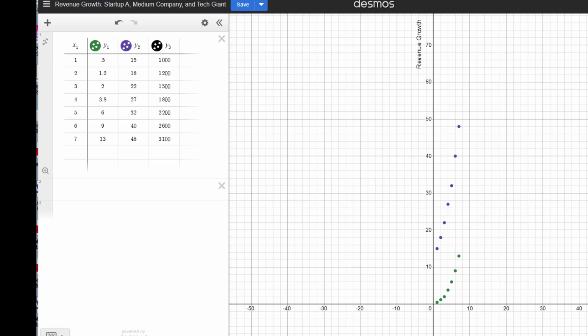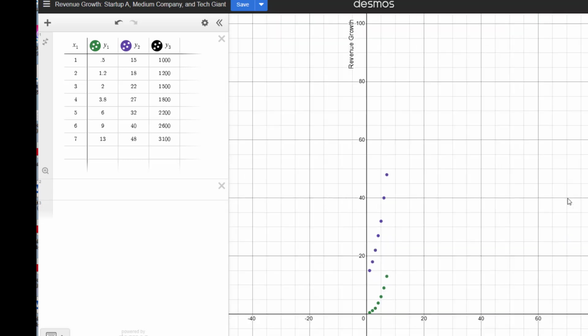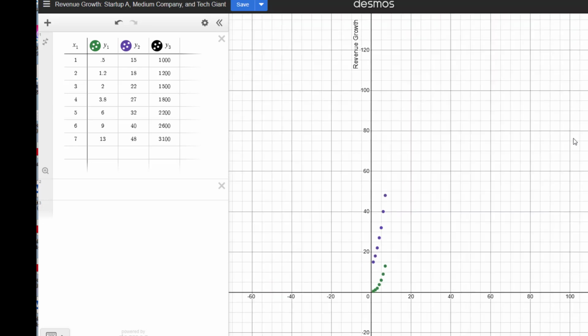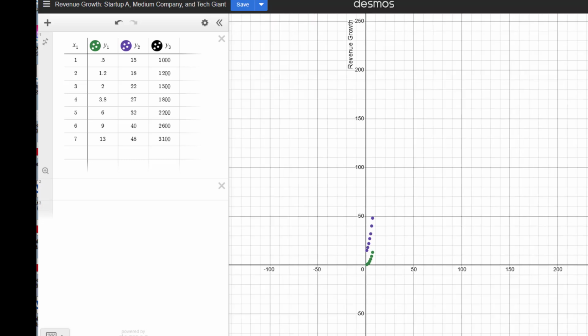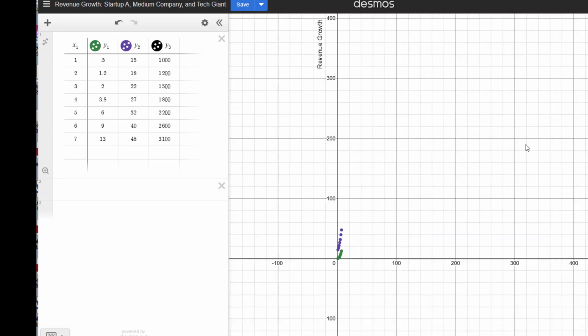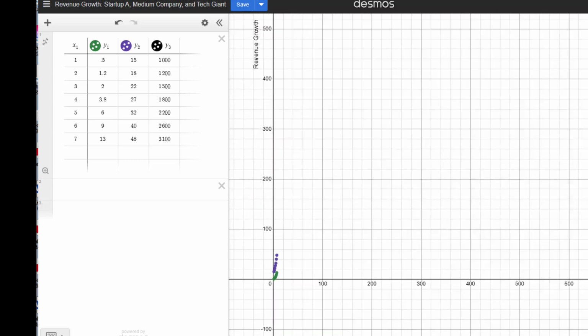Where's the dots? Well, tech giant, its revenue growth started at 1,000. So we're going to have to scroll up, 150, 200, 250. Look what's happening to our startup and medium company.